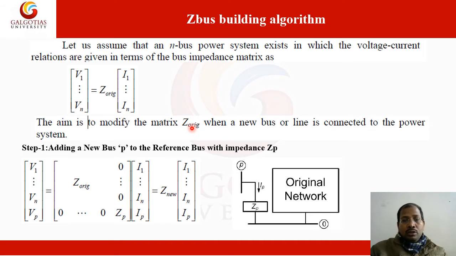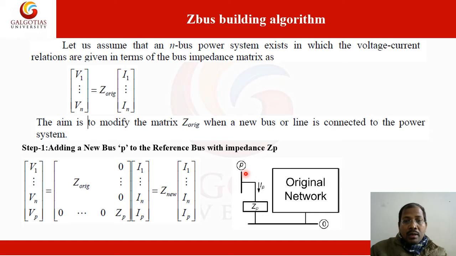Suppose the first step is adding a new bus P to the reference bus with impedance ZP. In this figure you can see the original ZBus, and the new bus, represented by the number P, is connected through a transmission line with impedance ZP.